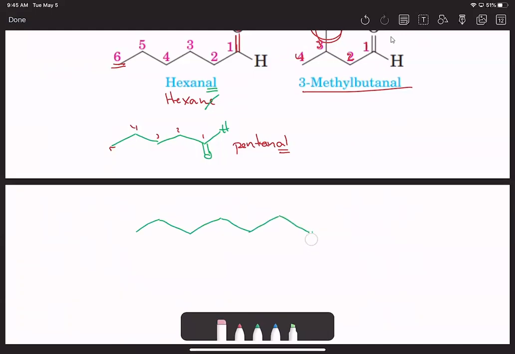Actually, let me do this one here. Right? Where's carbon number 1? Wherever this carbonyl is at. Carbon number 1. And we have heptanal.